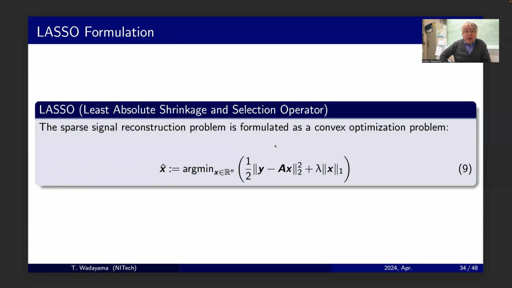The parameter lambda is the regularization coefficient that adjusts the relative strength of the L1 regularization term. We can use any convex optimizers or convex optimization algorithm to solve this LASSO problem.